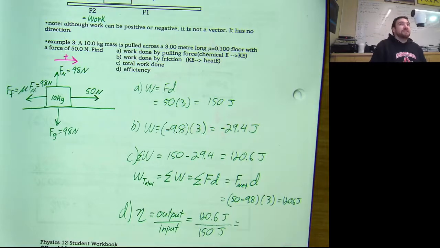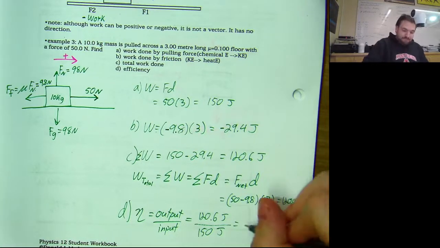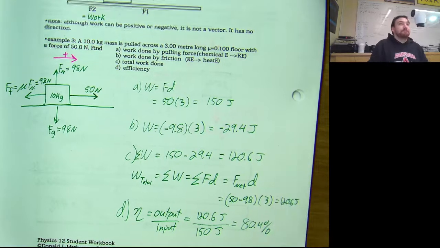So what's the efficiency of this person? That's pretty good. Output is the total amount. Yeah, output is the net work, and the input is whatever is trying to do the work.